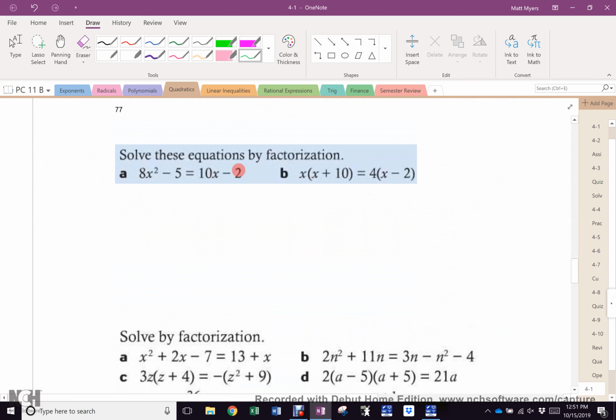What is different about A? It doesn't equal 0, does it? What do we do? The same thing as we've been doing since the beginning of the 10th grade. Make it equal 0. What has to move? Why would you not move the 8?